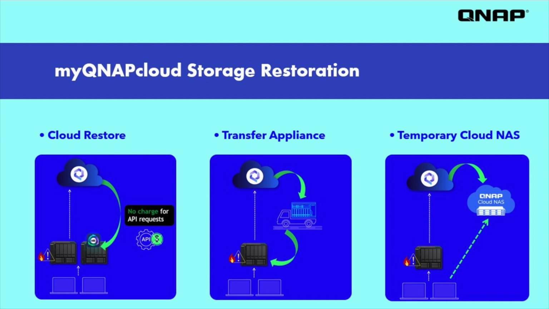This would be similar to AWS Snowball or Azure Data Box. And the third option would be to restore the data to a cloud NAS. In this instance, you would be running QNAP Cloud NAS on top of a third-party cloud service such as Amazon EC2 or Azure, and you would be backing up the storage to their services, but it will be running the QNAP interface.